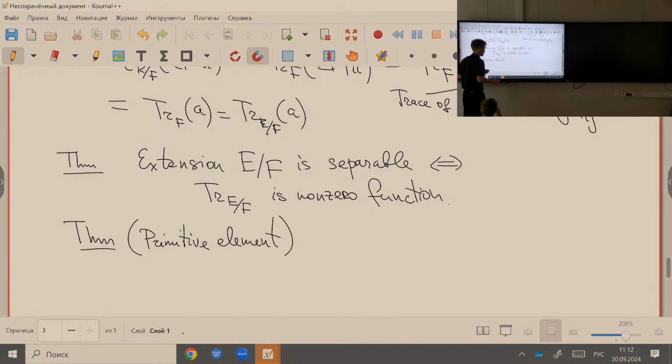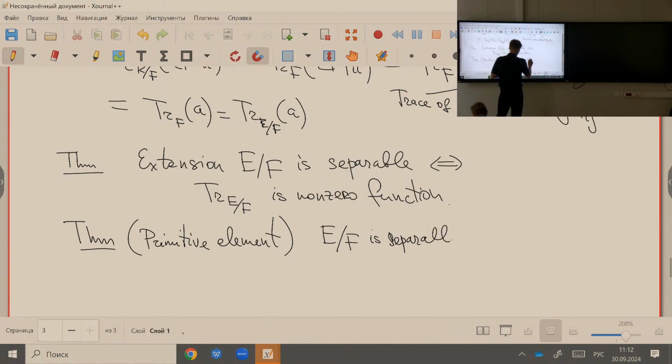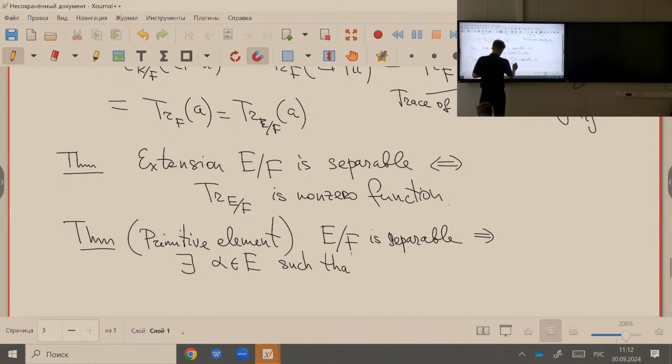Yeah, so if E over F is separable, then there exists an element alpha that belongs to E such that E is just generated by this element over F. Yeah?